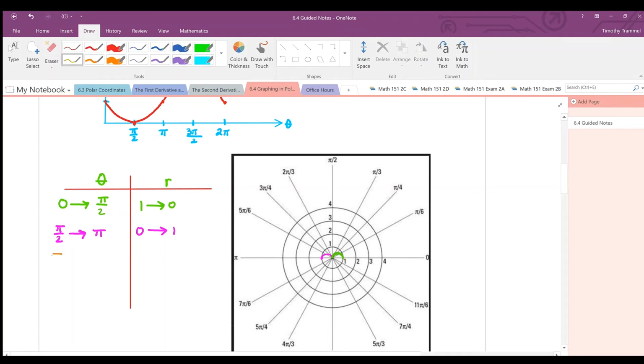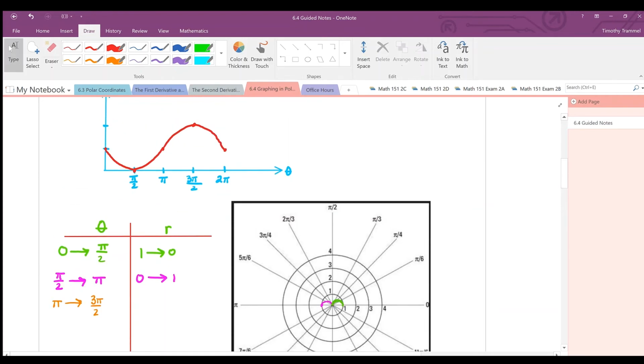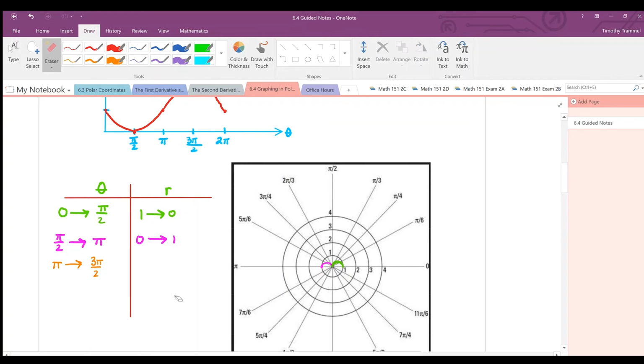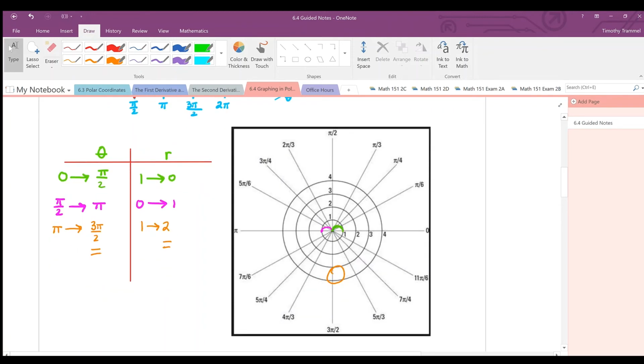Let's try this time pi to 3 pi over 2. And if we were to look back up at our graph, from pi to 3 pi over 2, r is going from 1 to 2. So 1 to 2. So let's think about this 3 pi over 2 for theta and r equals 2. So 3 pi over 2, this is the negative y-axis, right?